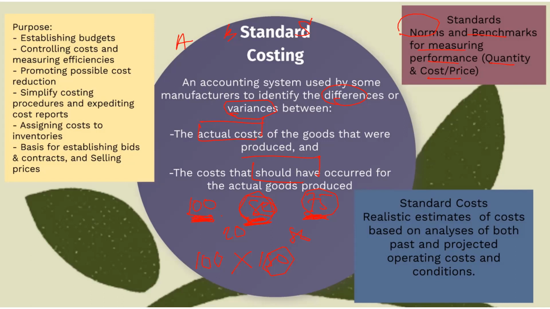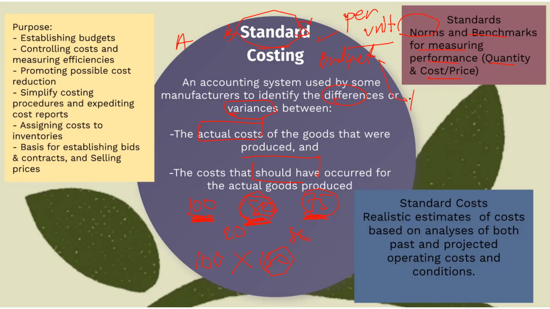Now, when you say standard, this is usually expected to be expressed per unit. Naka per unit basis po tayo dito. This is different from the budget, because usually the budget comes from your standard together with the quantity that you expect to produce.